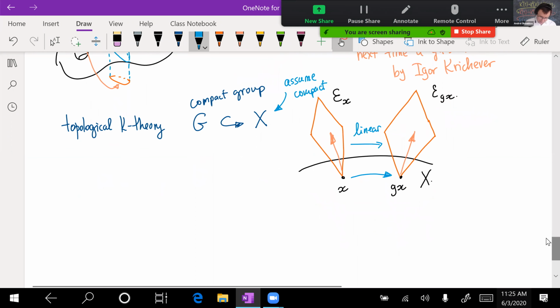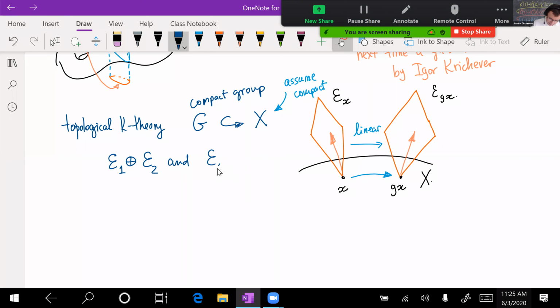And so this has operations. If I have two vector bundles, I can consider their direct sum and the tensor product.